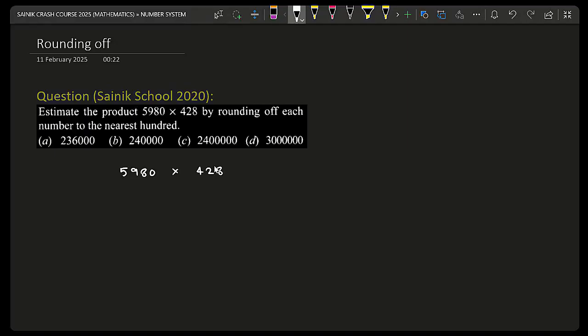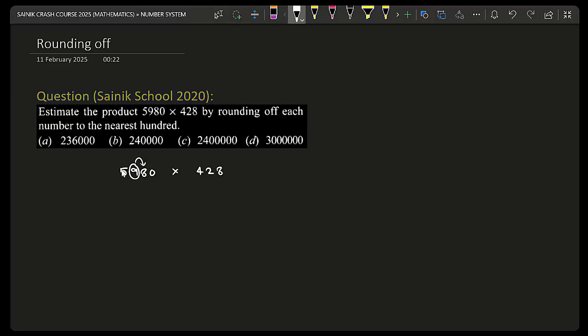Sir, 900. So the hundreds place we have to round, that is 9. What is the next digit after that? 8. So 8 is there in which group, 0, 1, 2, 3, 4 or 5, 6, 7, 8, 9? 5, 6, 7, 8, 9.